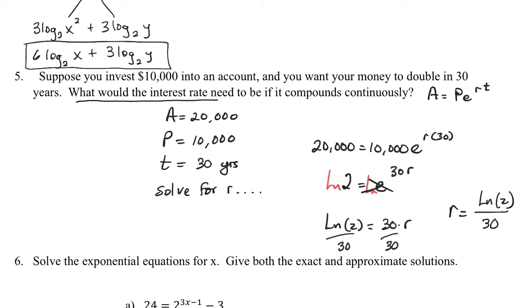And your scientific calculator does have a natural log button. So if you type in natural log of 2 and then divide that by 30, you're going to get 0.023. So if we convert that back into a percent, that would be 2.3. That would be our interest rate.